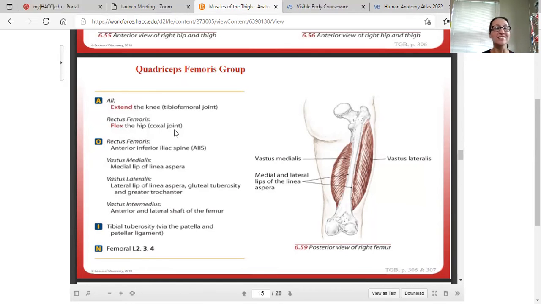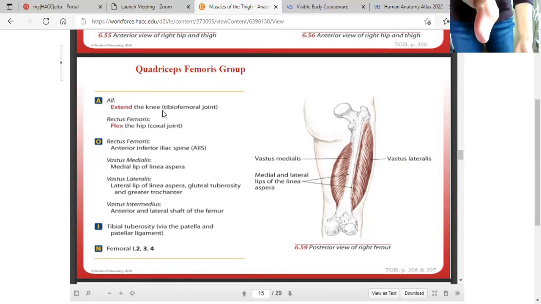Now, rectus femoris crosses the hip joint, doesn't it? Because it attaches to the AIIS. Remember, if it crosses a joint, it has to affect that joint. So rectus femoris flexes the hip. So let me show you. We'll stand way back here. All right, so I'm in anatomical position. Rectus femoris begins right about here and then inserts at the tibial tuberosity here.